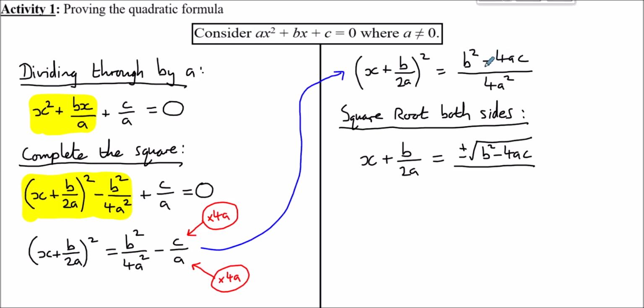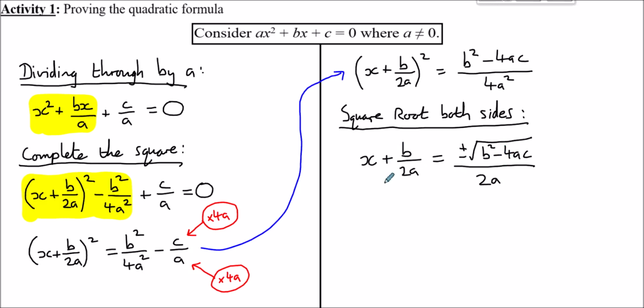Remember, with square rooting fractions, we can square root the numerator, then square root the denominator separately. So if we square root 4a squared, the square root of 4 is 2, and the square root of a squared is just a. So it's looking a bit more familiar now, isn't it?